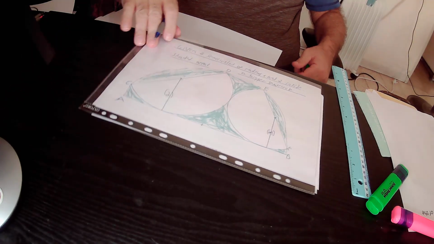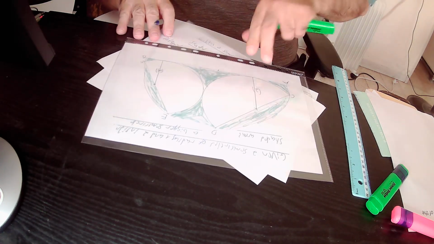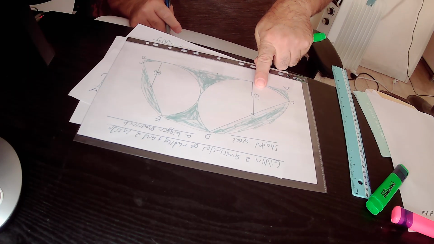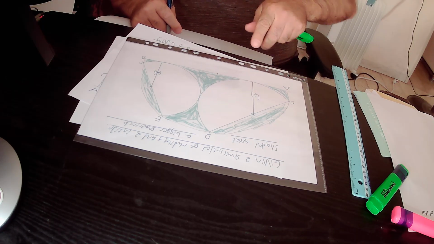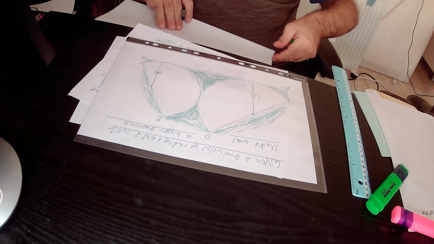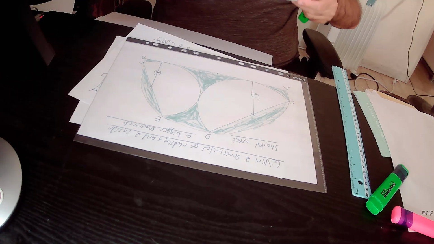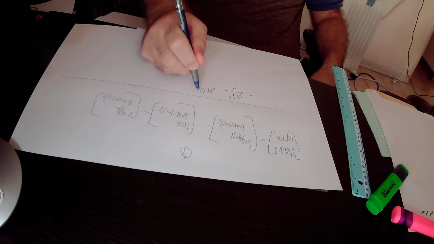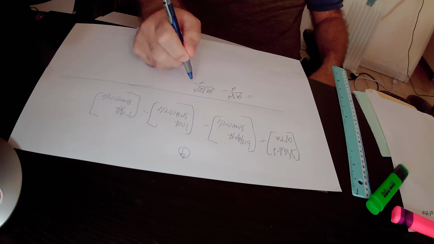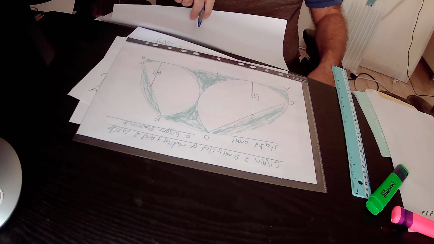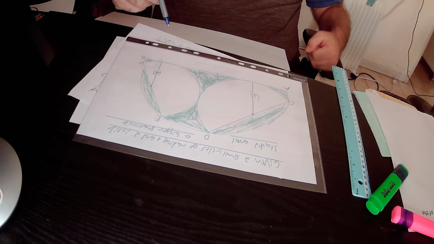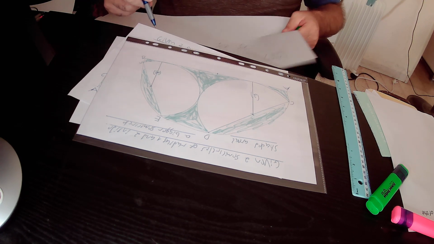Minus the area of the left semicircle: its radius is 2, therefore the area must equal pi 2 squared over 2. Also, the radius of the right semicircle is 1, and therefore the area must equal pi 1 squared over 2.